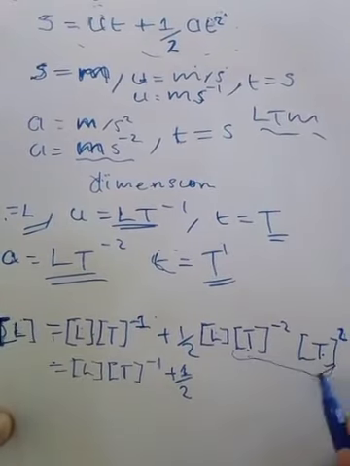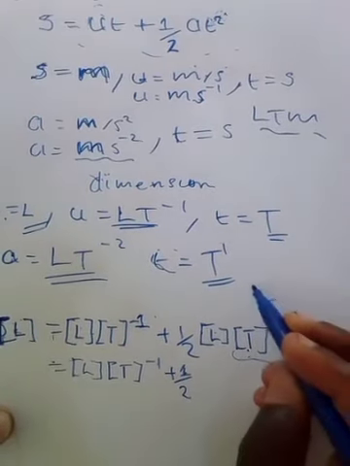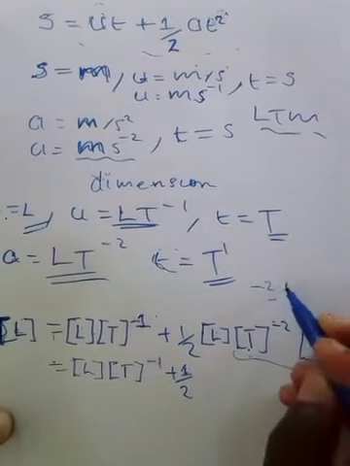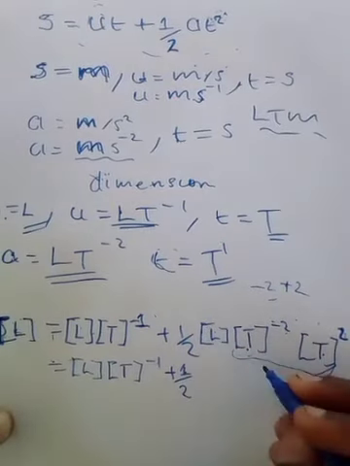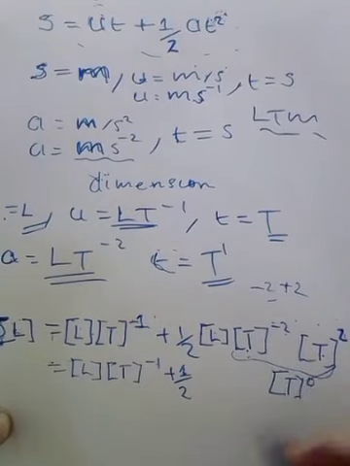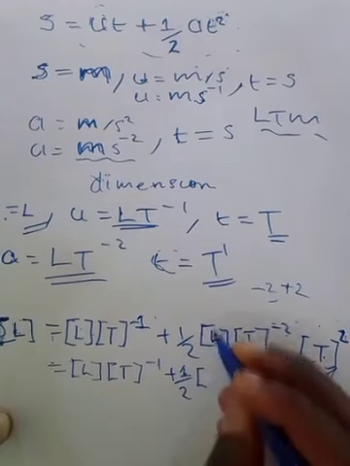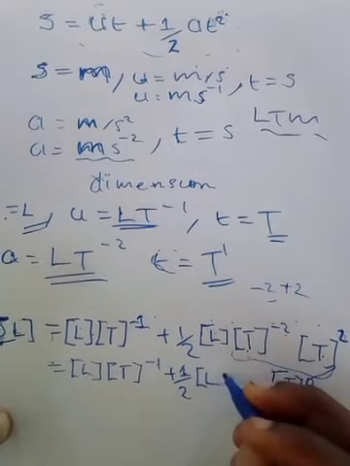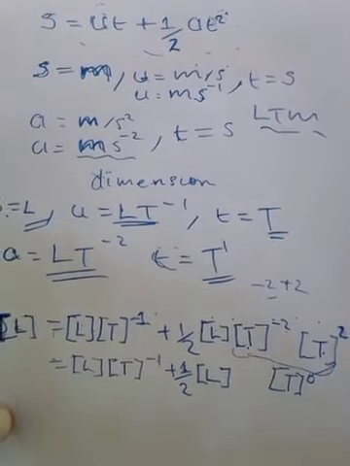You have negative 2 and positive 2, which gives 0, so you end up with T to the power of 0. So first you have the L, which hasn't gone anywhere, and then you also have a T raised to the power of 0.